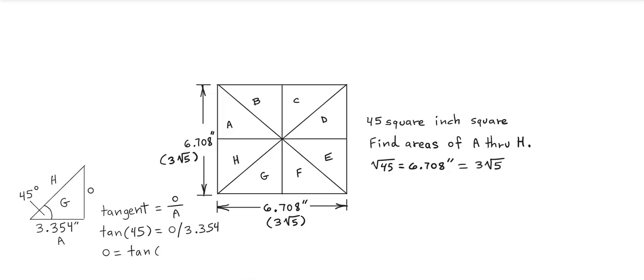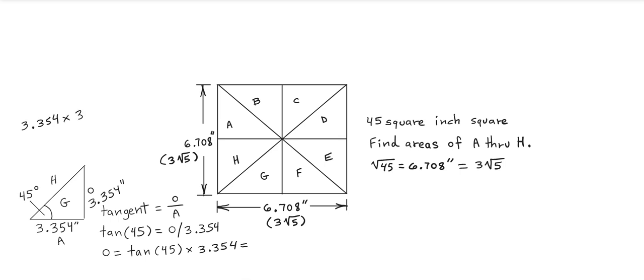So if we solve for the opposite, it's just the tangent of 45 degrees times the adjacent leg length of 3.354 inches. So we get an equality across the opposite and adjacent leg. So those of you astute in trig, you'd know that right away. But just to prove the point, we know that we have equal opposite and adjacent legs at this 45-degree right triangle.